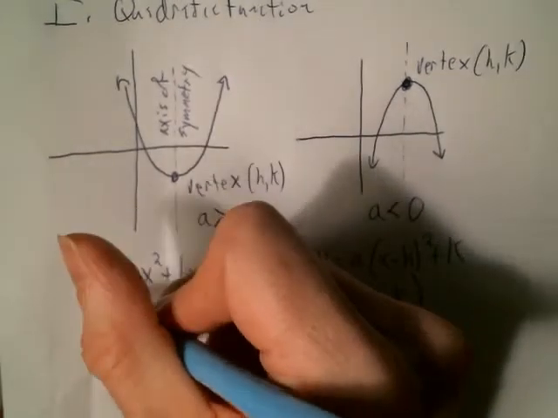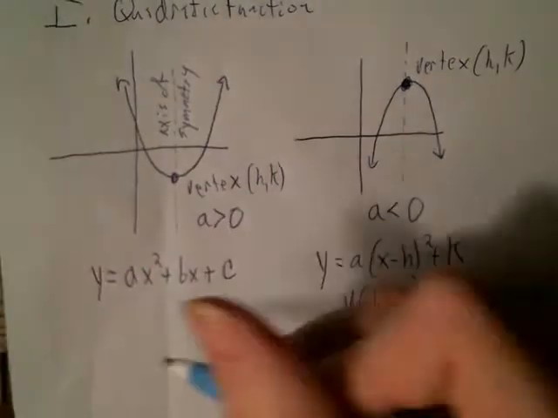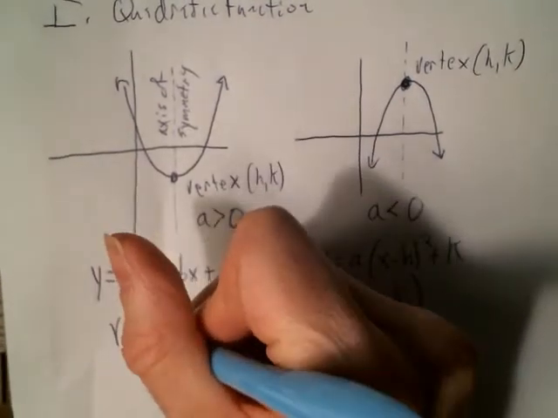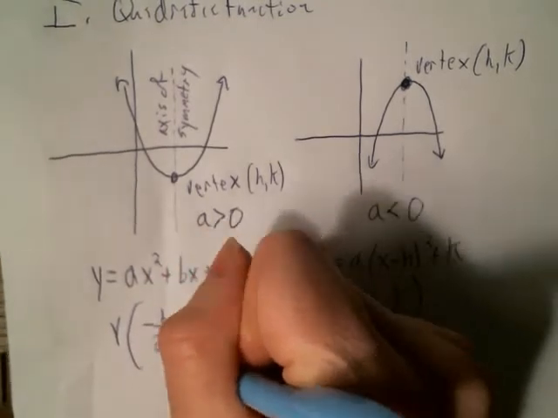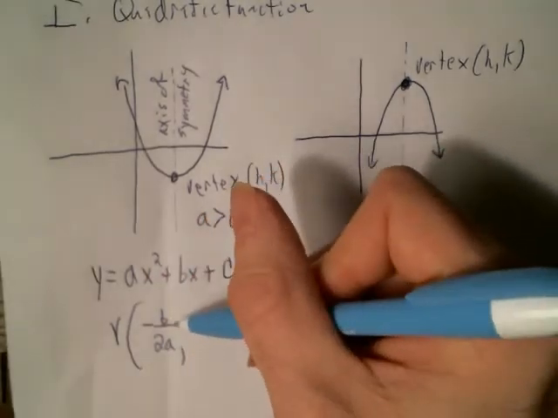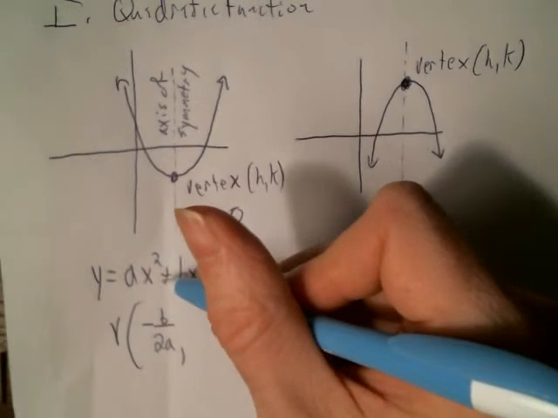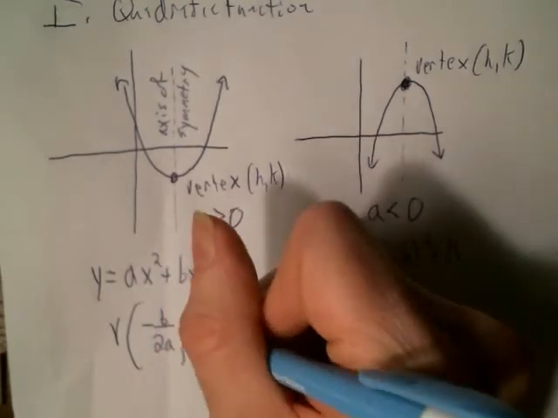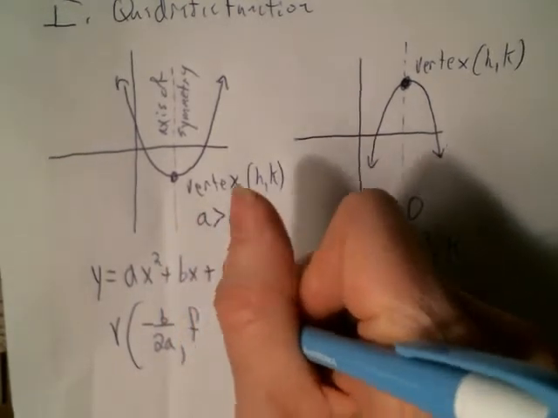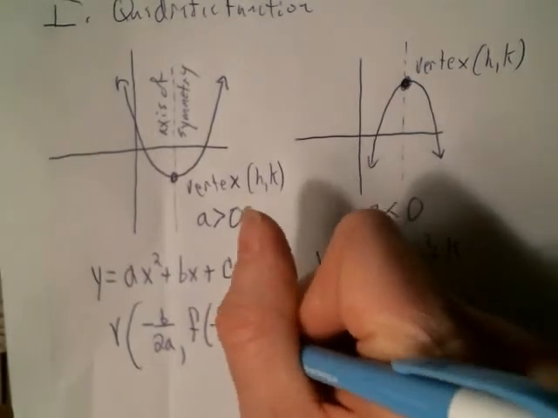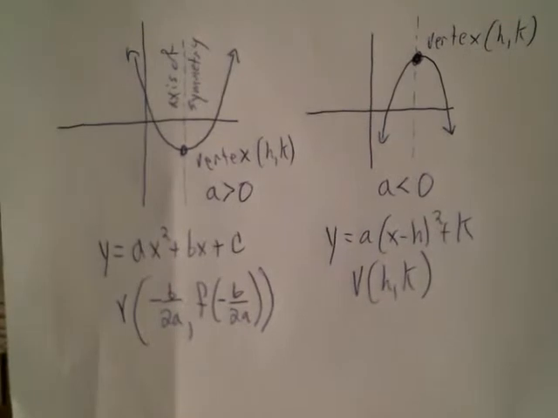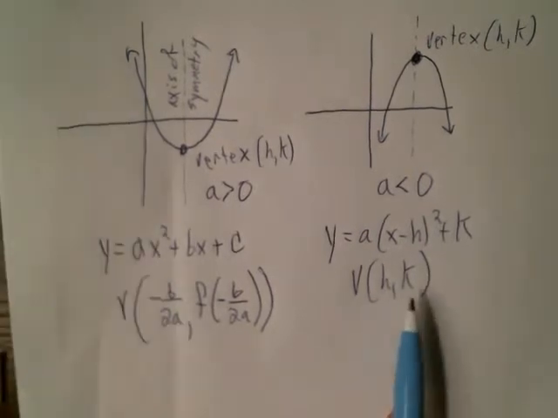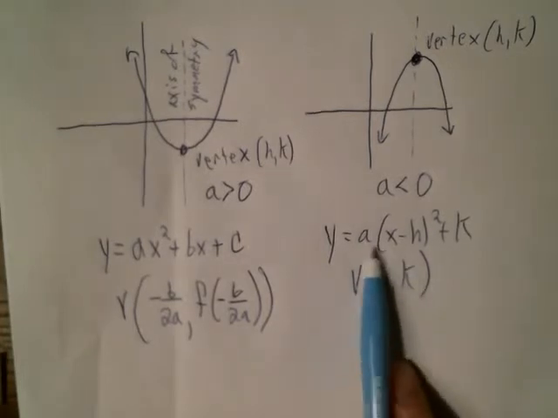We have a vertex formula. The vertex over here is going to be negative b over 2a, comma, and then you take the x-coordinate and put it into your formula to get the y-coordinate. To notate that, I'll write f of negative b over 2a. Okay, so we'll begin playing around with this form.